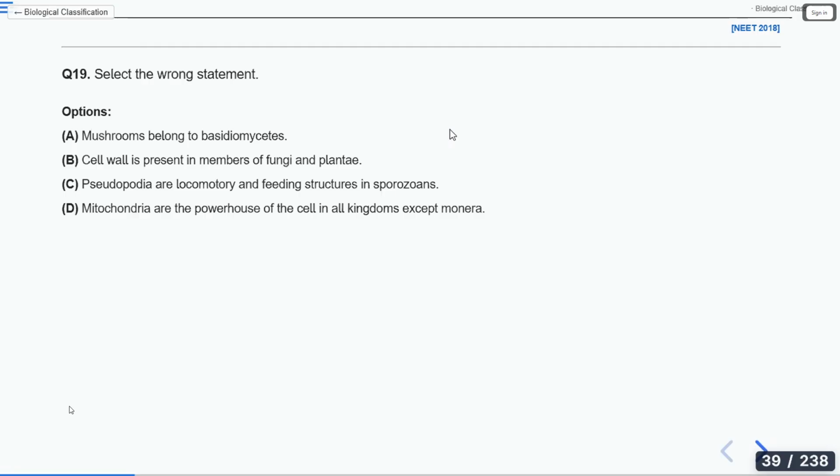Option D, mitochondria are the powerhouse. Okay. Option C, option A. Okay, mushrooms are deuteromycetes. Okay, what is the use of the pseudopodia?